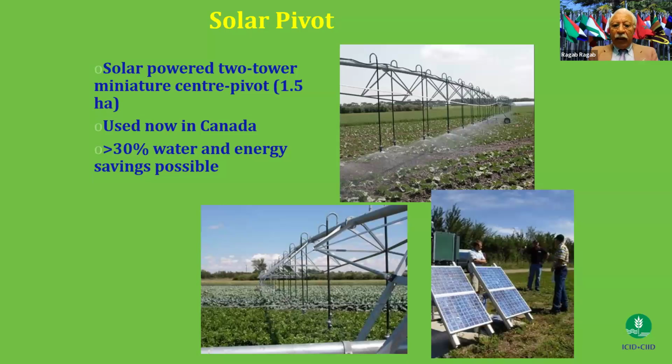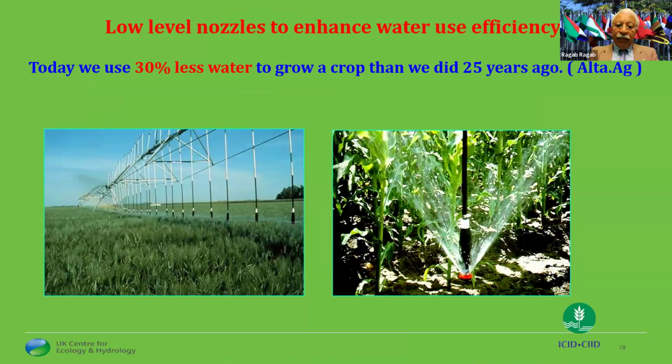And solar pivot is another example that we could use as an efficient irrigation system, and water and energy, 30% could be saved by such an irrigation system. Not only this, but also the center pivot system. Now we started to use low nozzles very close to the ground on the sprinkler center pivot system to avoid losses by wind drift.